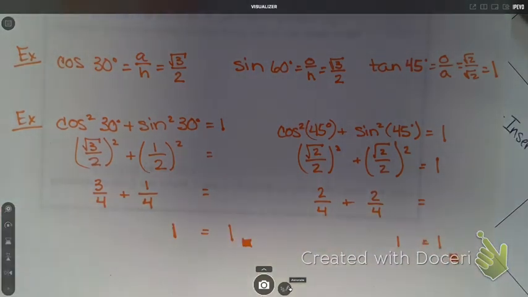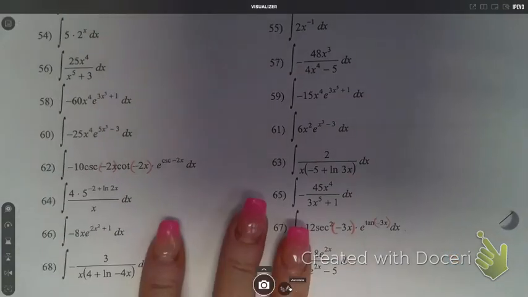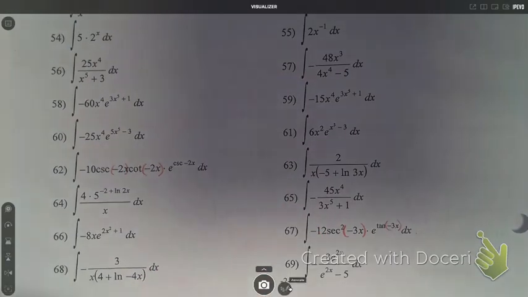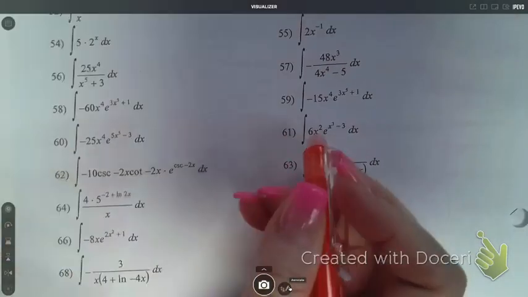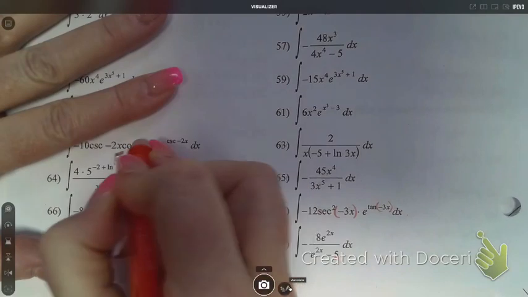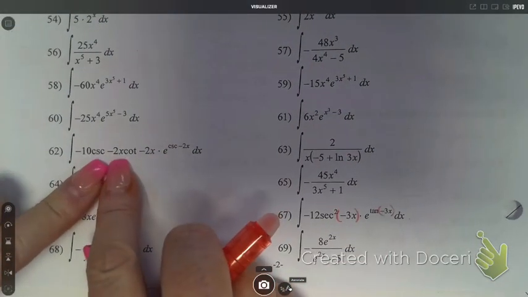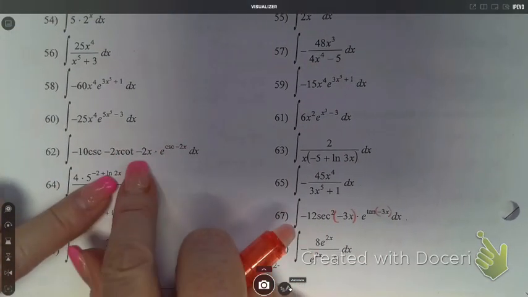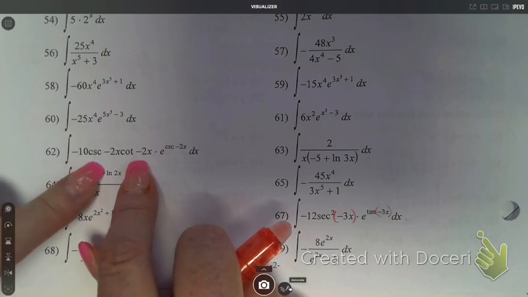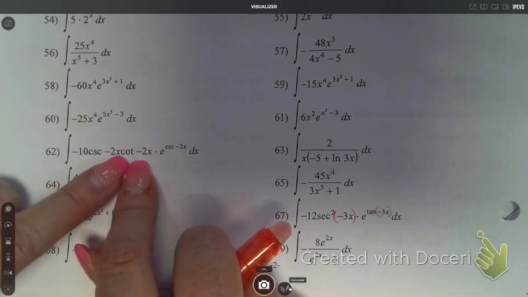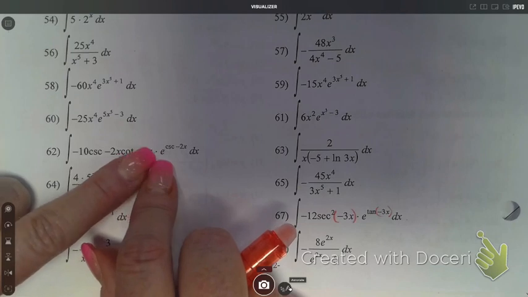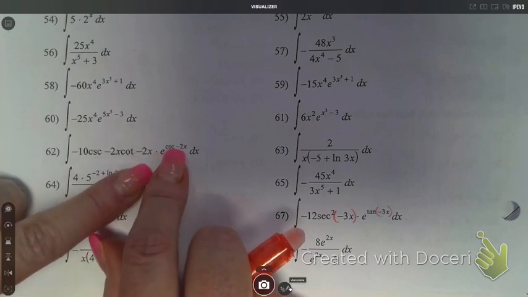I want to show you a problem that I was dealing with the other day. It's calculus, and that's besides the point. But I have 10 cosecant negative 2x cotangent negative 2x times e to the cosecant negative 2x.